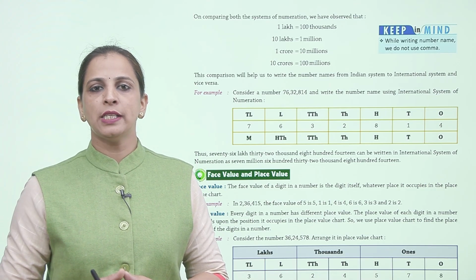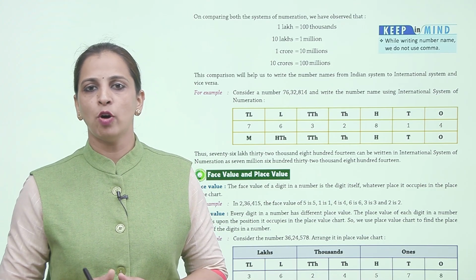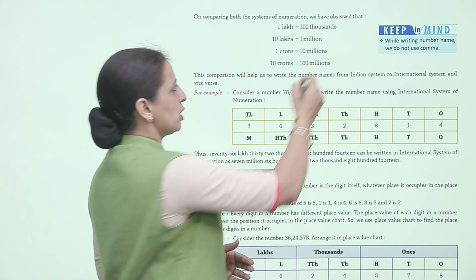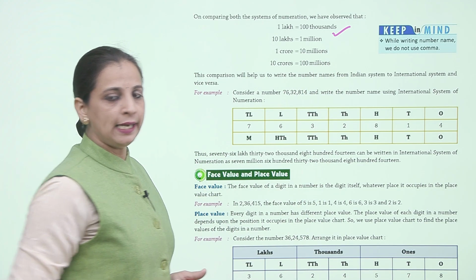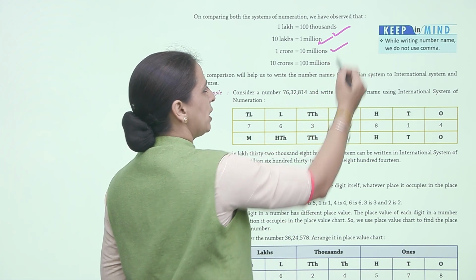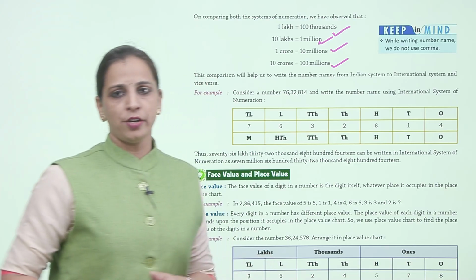On comparing both the systems of numeration, we observe that 1 lakh is equal to 100,000, 10 lakh is equal to 1 million, 1 crore is 10 million and 10 crore is 100 million.